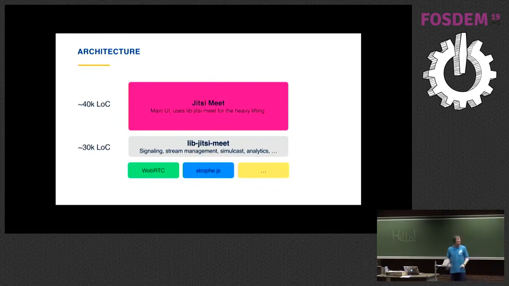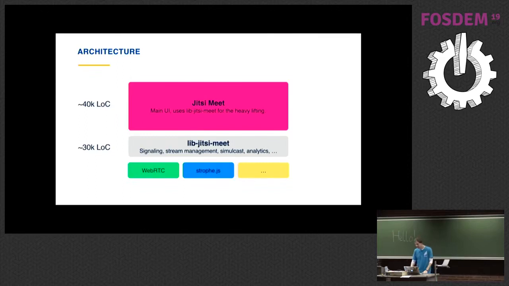That is around 30,000 lines of code at the moment, and it uses, of course, the WebRTC APIs at that level. But then we also use other libraries like Strophe.js, for example, because the entire Jitsi Meet application is built on XMPP. That is not very relevant to what we're talking about here today, but I thought I'd mention it because it's also part of our DNA.